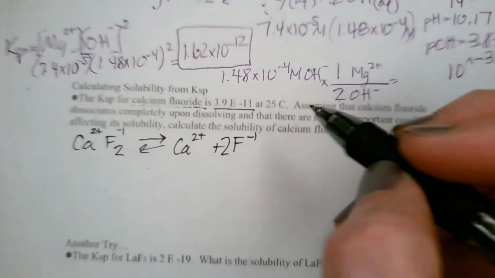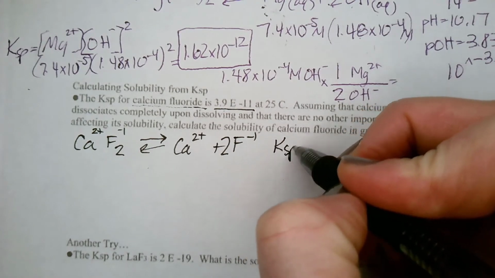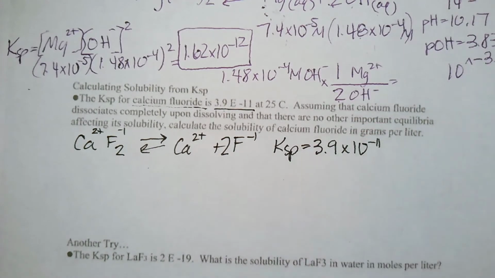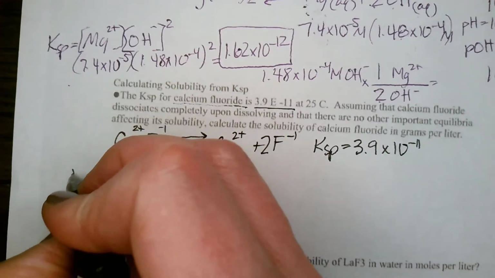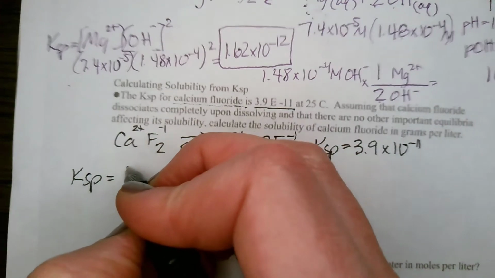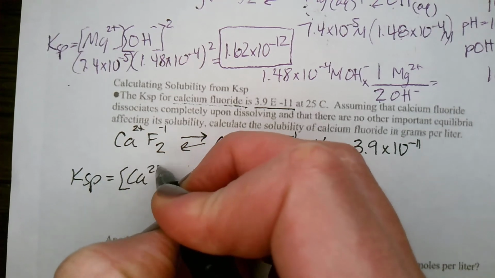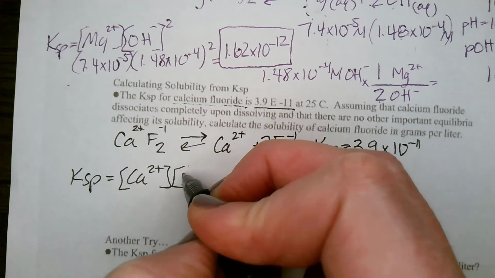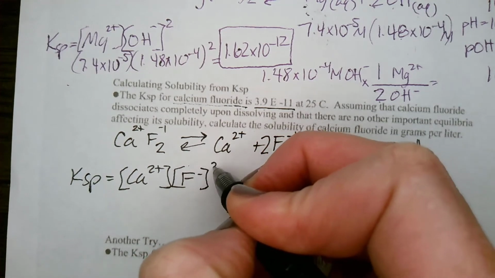Now we are also told that our Ksp is 3.9 times 10 to the negative 11th. That's also telling us that Ksp is equal to our concentration of Ca2+ and our F minus squared.